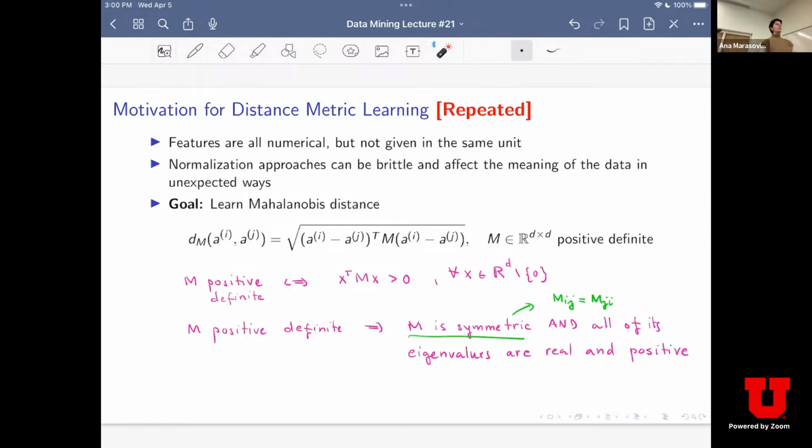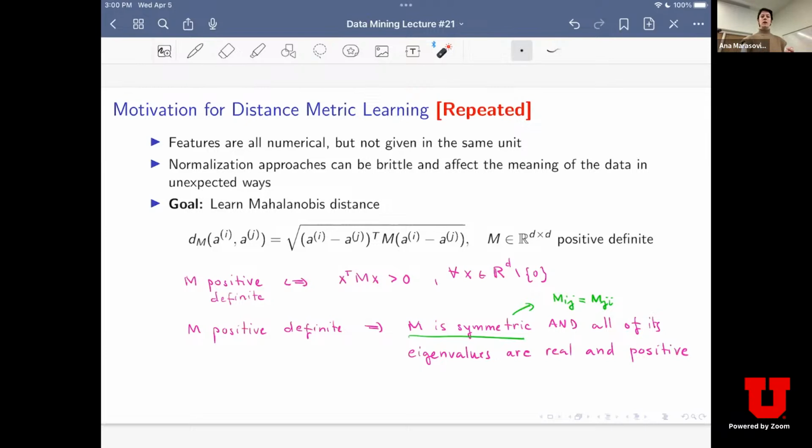So if for now this is slightly overwhelming, just know that this is a class of matrices that have very neat properties and are useful. Here specifically, it's useful because if we have such a matrix M, then the Mahalanobis distance is going to be a metric.